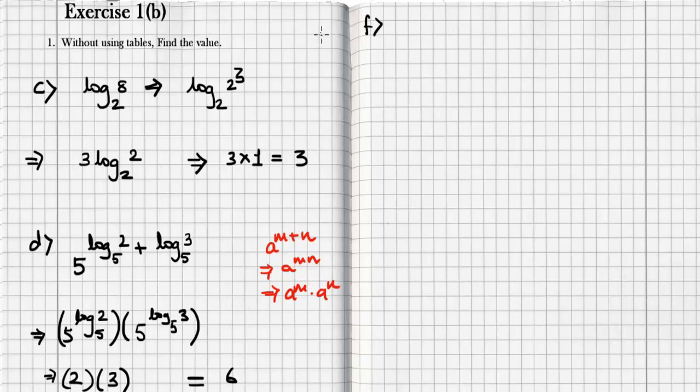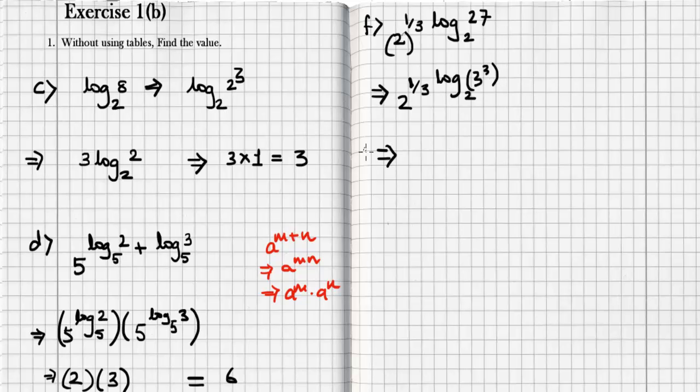F. 2 to the power 1 by 3 log of 27 to the base 2. Okay, now this can be written as 2 to the power 1 upon 3 log of 27, which is 3 to the power 3, to the base 2.